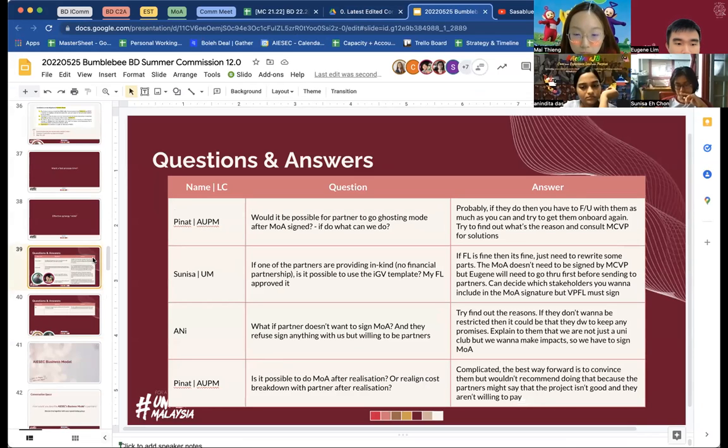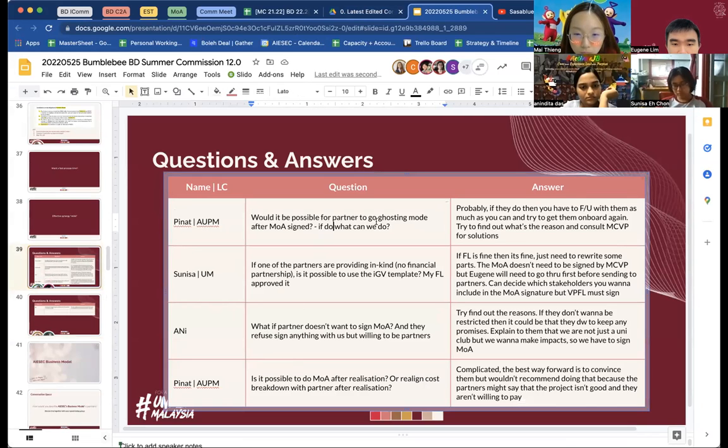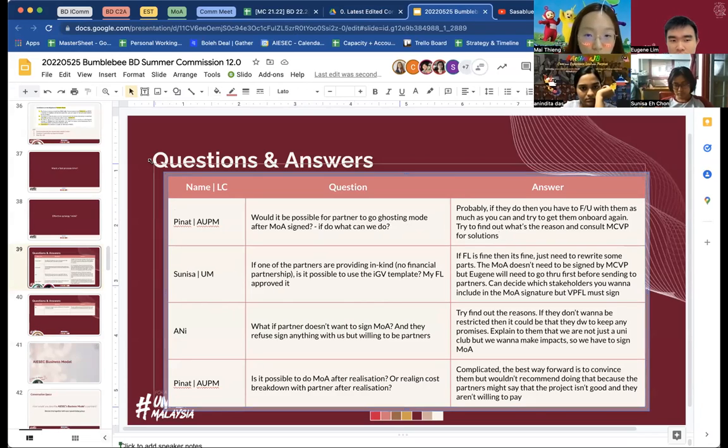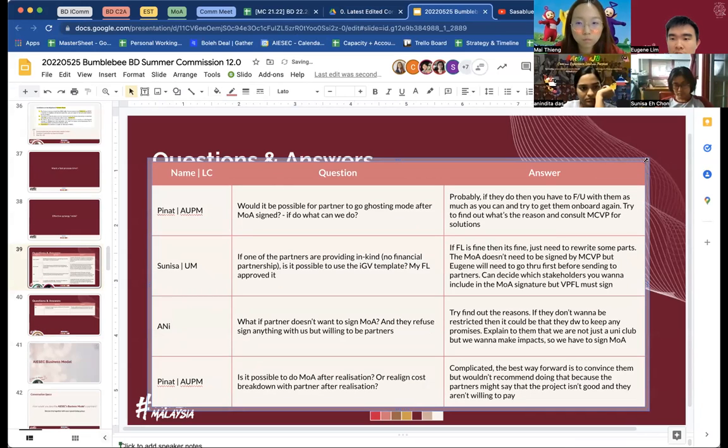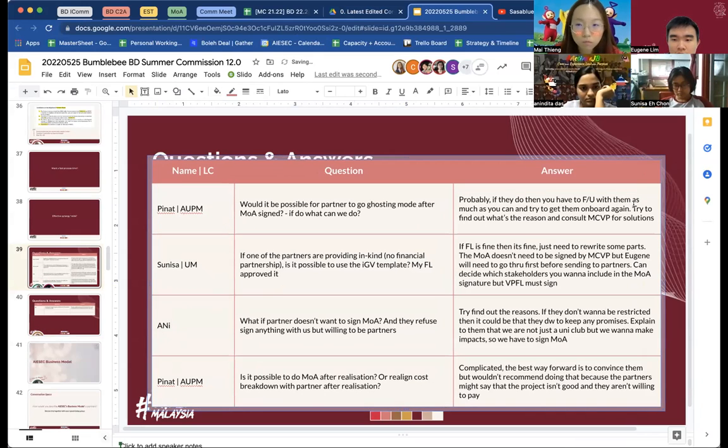Then, okay. I think this one, the ghosting mode, right? Normally if we sign an MOA already, it's the organization's reputation also. So if you ask whether it's possible or not, it's definitely possible. But since it's their reputation that they signed the MOA already, normally there wouldn't be too big of an issue.